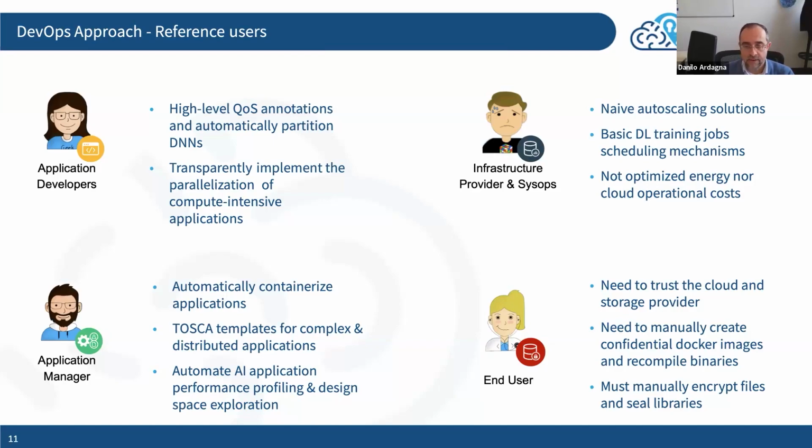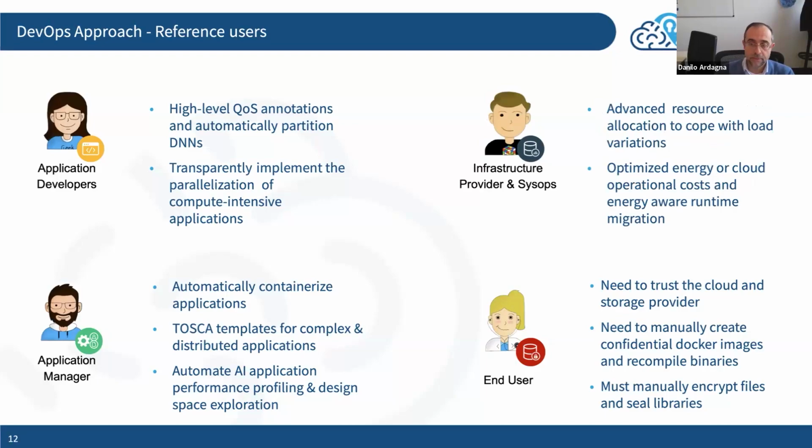Then we have also solutions for the infrastructure provider, because usually at the infrastructure level, we have naive autoscaling solutions that are triggered by thresholds, CPU threshold violations, for example. We don't have advanced solutions for the scheduling of long-running training jobs. And really, we can guarantee in this way neither the performance nor optimize the energy consumption of the solution.